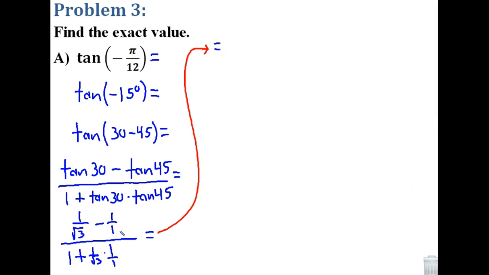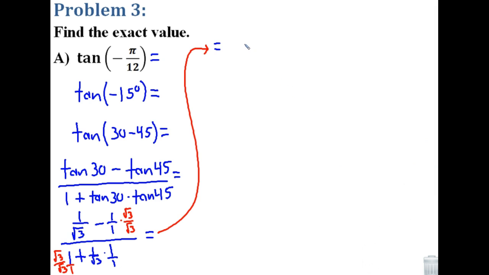All right, so first thing I want to do is combine these fractions in my numerator and denominator. To do that I'll need a common denominator. So I'm going to multiply this fraction by root 3 over root 3. Same thing for this fraction, this 1 over 1, we can multiply by root 3 over root 3. That's going to allow me to add these together.